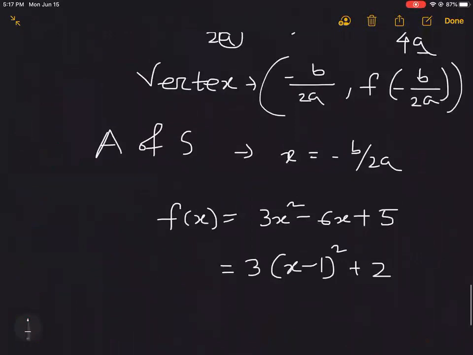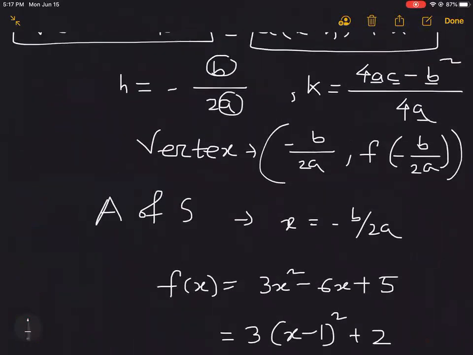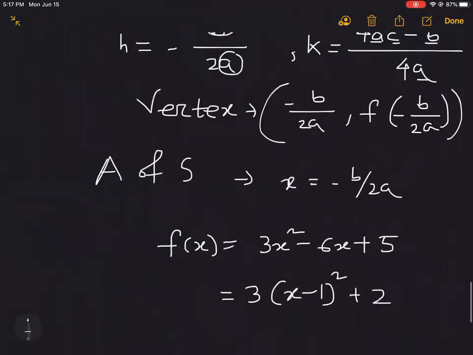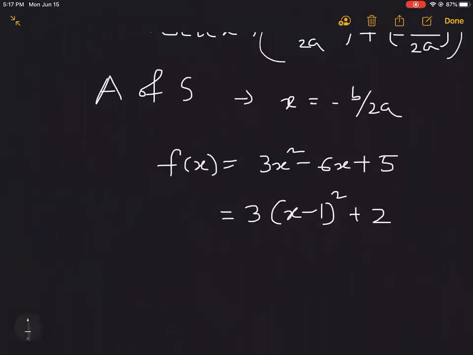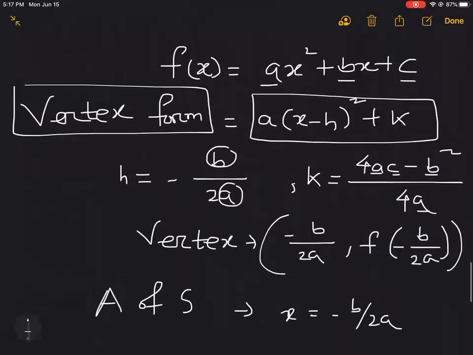Now if we just compare this, we can see that our axis of symmetry is actually x equals 1, right? In our main format, it was actually h. Can you see that? Your h is actually negative b over 2a.